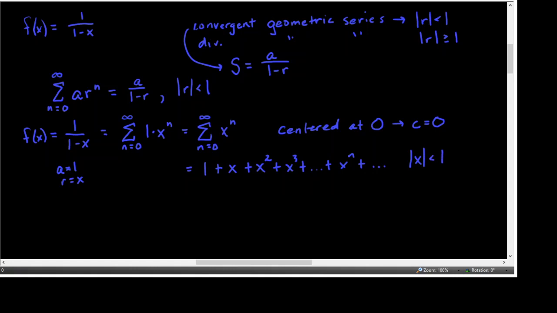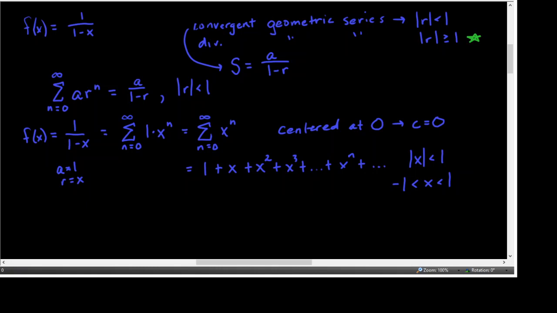And if we took out the absolute value, that would mean that x is between -1 and 1. And recall up here where we said that the geometric series, which is how we're treating this particular function, does not converge when r is equal to 1, nor does it converge when r is equal to -1.